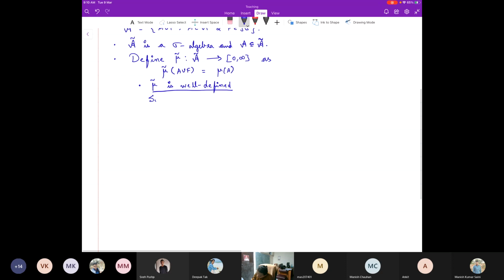So suppose that A union F equals A dash union F dash for some A dash in script A and F dash in script N. Yes. Then now we'll have to show that mu of A equals mu of A dash, right?